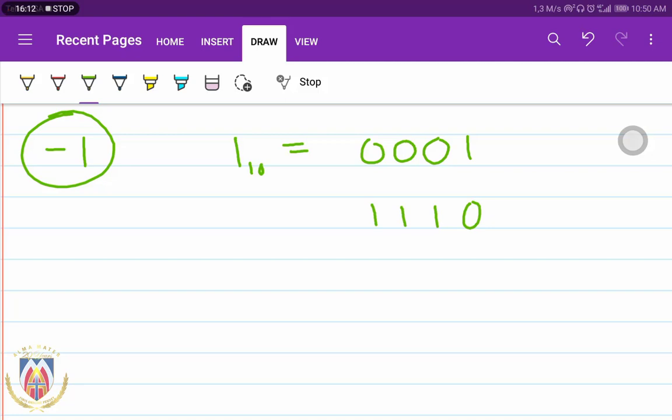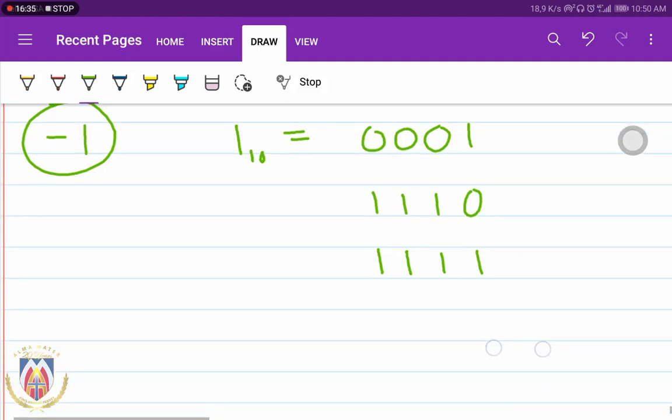So we now have 1, 1, 1, 1. This is the 2's complement of -1.